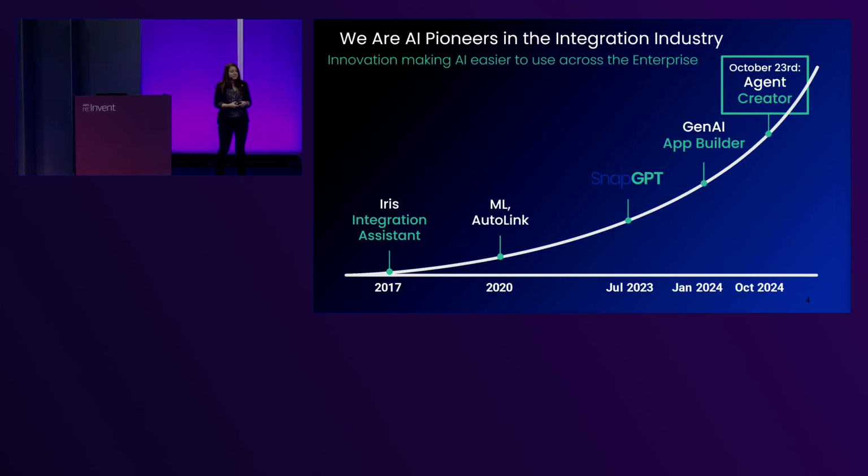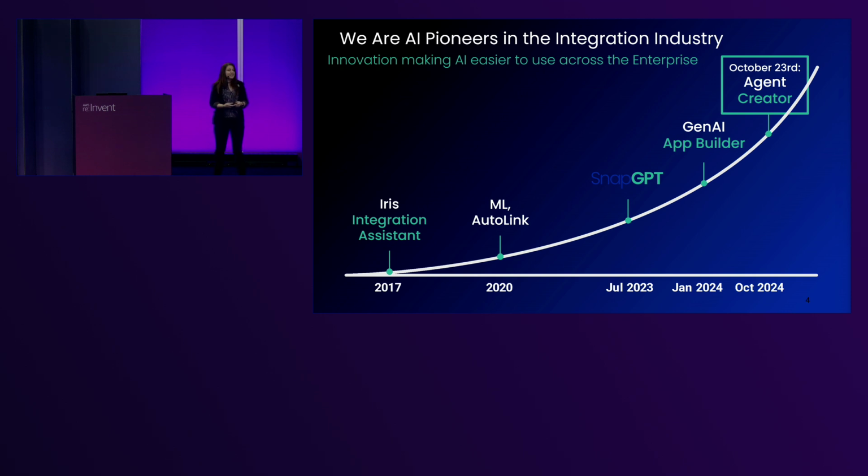We're not only an integration platform, but we've also been AI pioneers in the integration space. So in 2017, we first added AI into the product to start coaching people through designing their integrations. We built out an entire machine learning functionality in 2020.